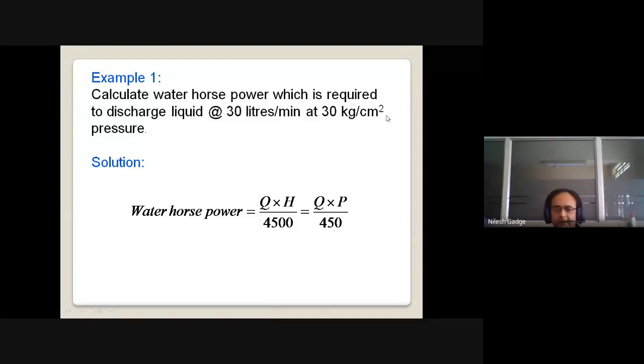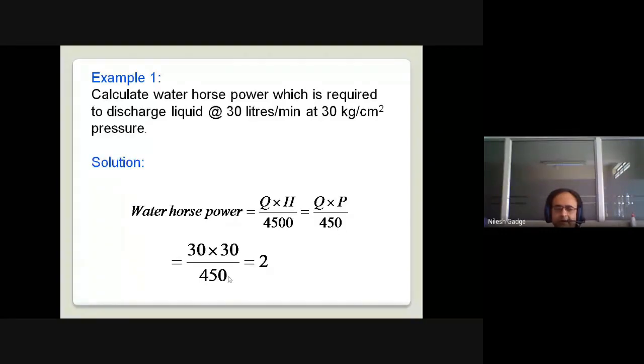So you can put the values directly in the formula. Q is 30, and P is also 30. So 30 multiplied by 30 divided by 450. Your water horsepower will be 2. Very simple. Such type of problem can be asked for MCQ also, for fill in the blanks also.